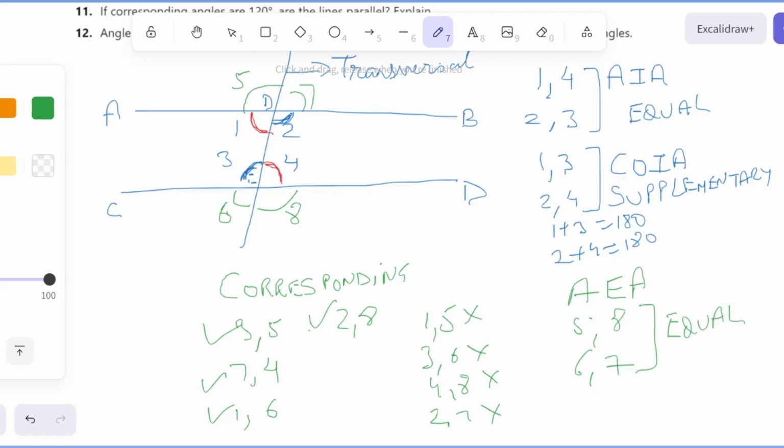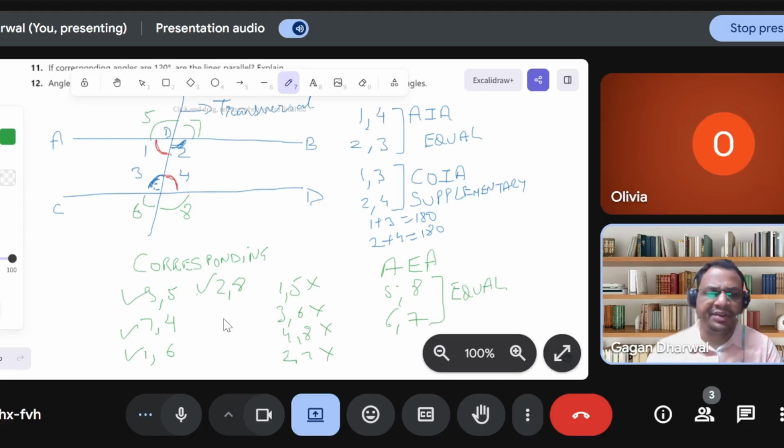So what are the characteristics of alternate exterior angles? They have to be outside the parallel lines and not lying on the same side. Just like alternate interior angles, they are lying inside the parallel lines and not on the same side. Here they are lying outside the parallel lines and not on the same side.